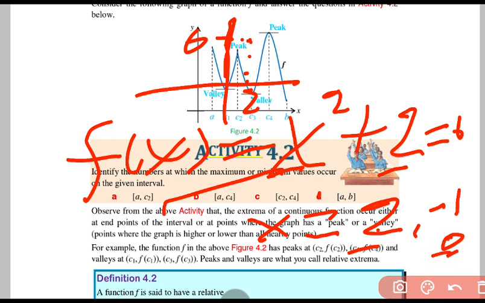When we plug 0 in this function, 0 squared is 0, and 0 plus 2 is 2. Let's make it when x is 0, 2 is here. Because of the lack of space, you can understand from my mouse. Because it is a quadratic function with a positive leading coefficient, therefore the graph opens upward.